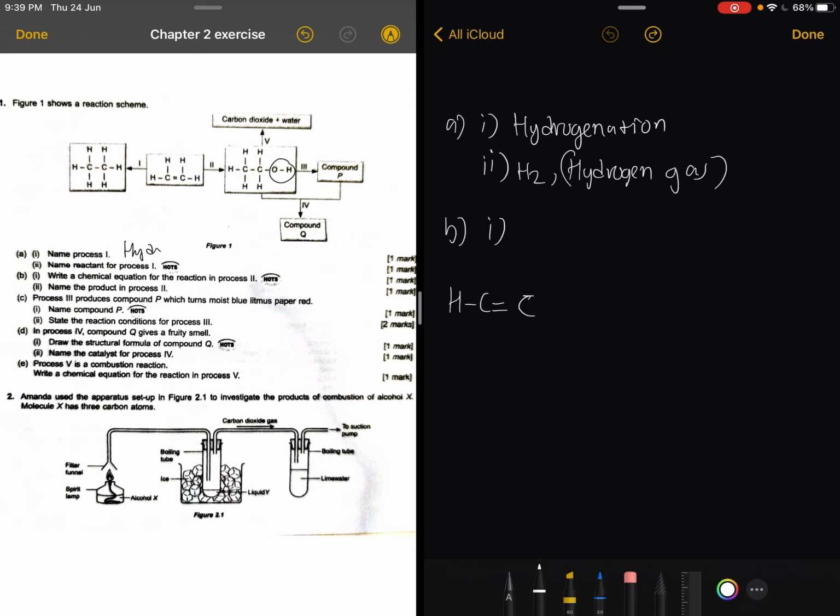So the formula is C2H4 plus H2O reaction produces C2H3OH. And then the catalyst is H3PO4, 300 degrees Celsius and 60 atm. I think that's the correct answer. Let me just double check.